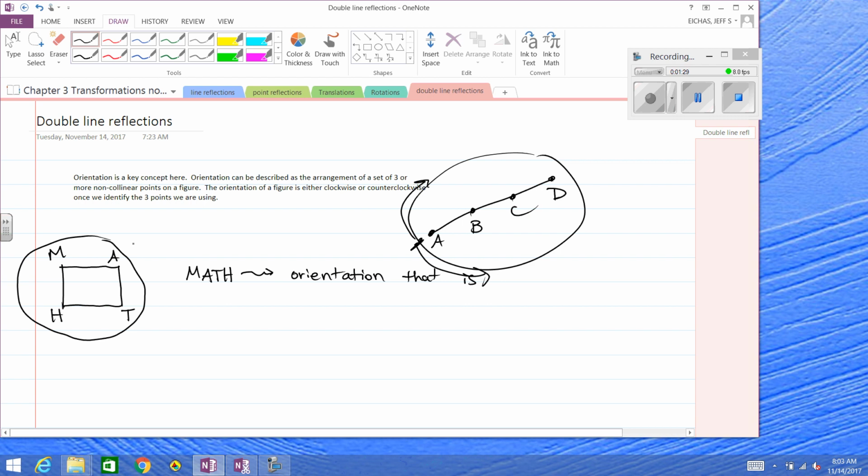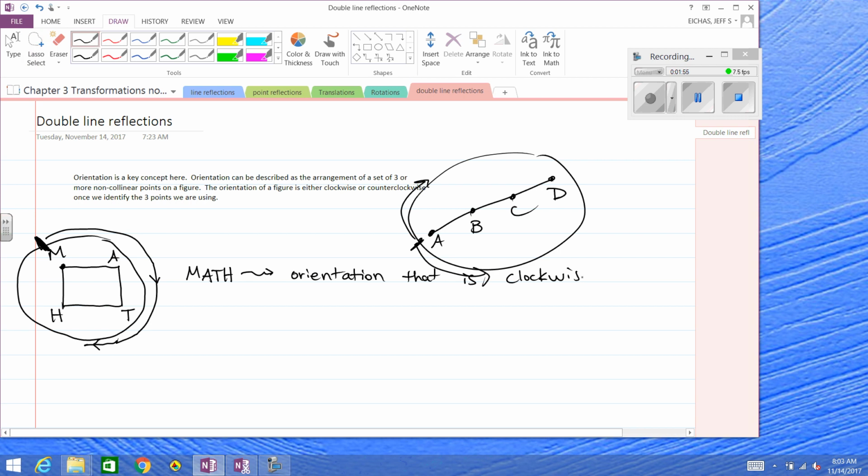I look for the first point that they identify, point M, and start right there. Then I move towards the next point they identify and so forth. That is in a clockwise direction, so MATH has an orientation that is clockwise.